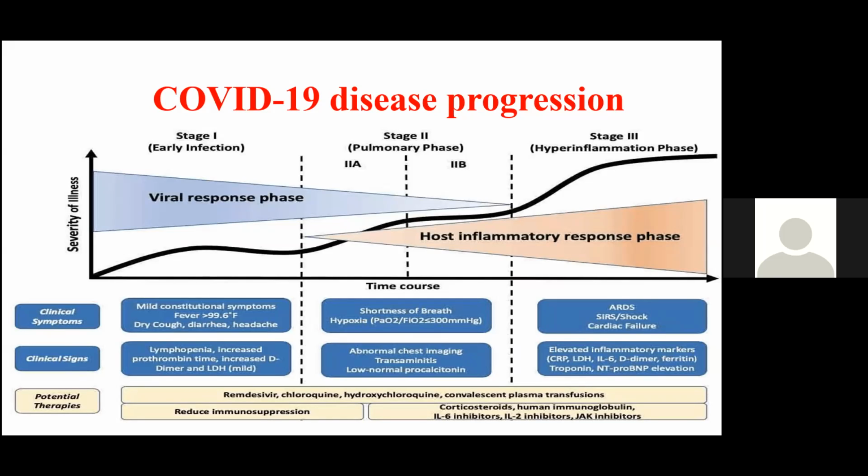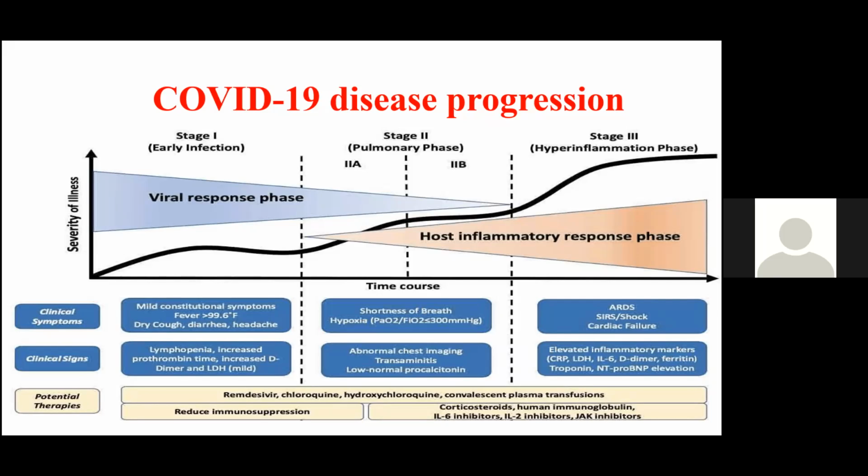As we saw in the previous slide, exposure to COVID will lead the body to try to make antibodies. And then there are at least 3 stages for our patient. When there is infection in stage 1, there will be a viral response, which will lead to the presence of symptoms.